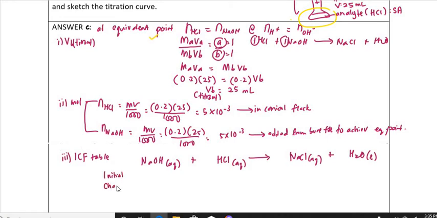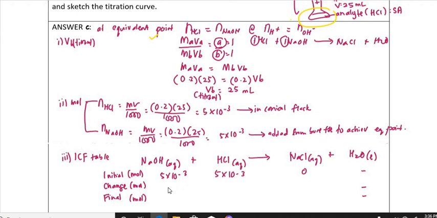Initial, change and final. When you use ICF table, the unit is only mole. So initial mole, for base and acid refer to the step number 2, which is 5 exponent negative 3, 5 exponent negative 3. Not yet produced, H2O not involved in this ICF table.